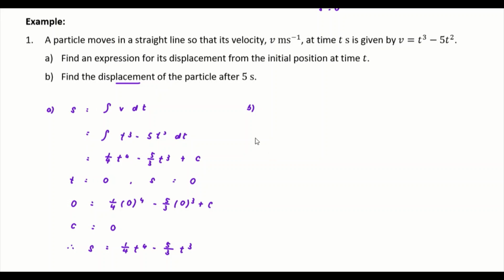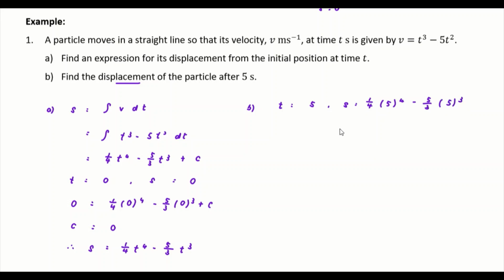Okay, for this question, because A is solved, an easier approach is to just substitute it inside, right? So the first approach that we can try is when t equals 5, we can just substitute. So s is equal to 1 over 4 times 5 to the power of 4 minus 5 over 3 times 5 to the power of 3.